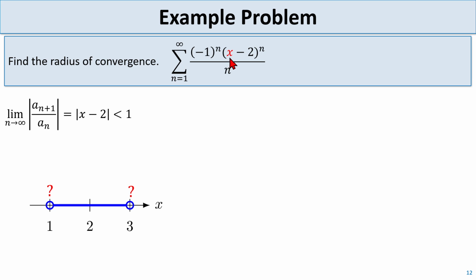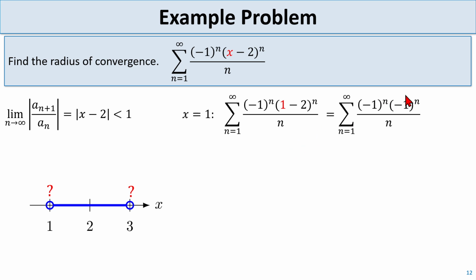I'll start by replacing this x with, let's say, the left value, x equals 1. Now I have in these parentheses 1 minus 2, which is just negative 1. So I have negative 1 to the n times negative 1 to the n.